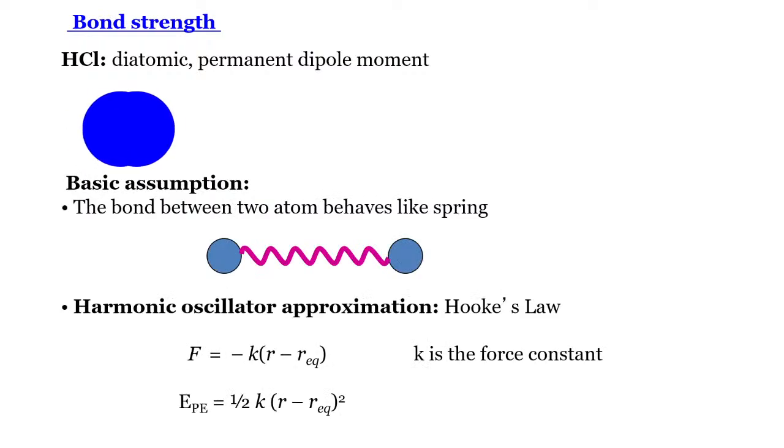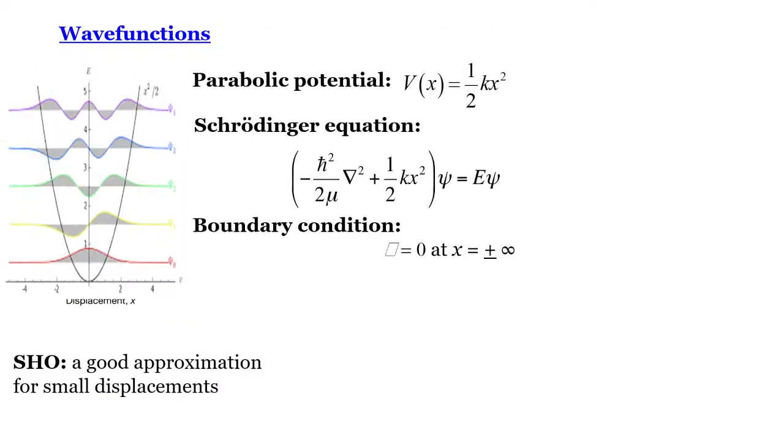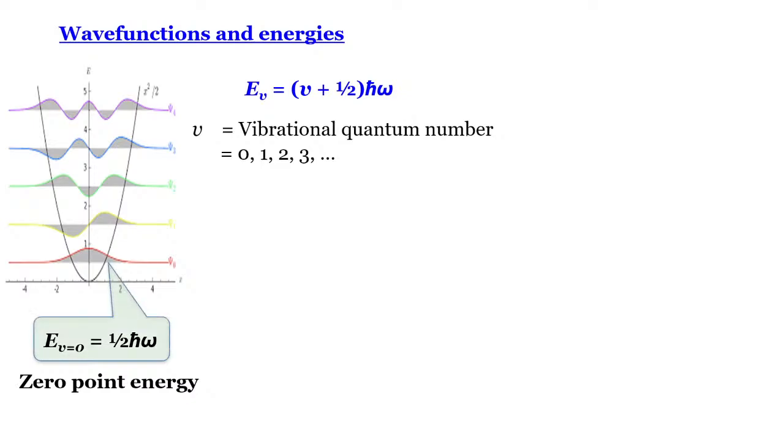So the basic assumption in the simplest model that we use for molecular vibrations is the harmonic oscillator approximation. We consider that the bond behaves like a spring that follows Hooke's law. So we get a parabolic potential, we use the boundary conditions, we did not derive anything here, but we showed you what the vibrational wave functions look like.